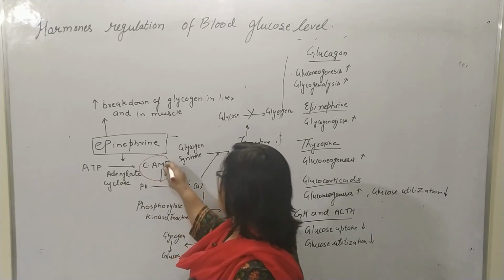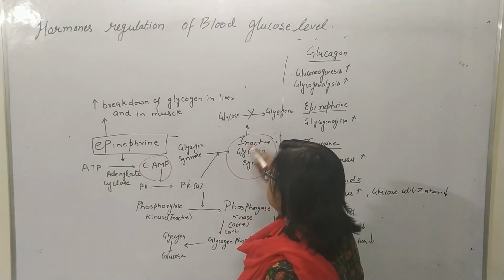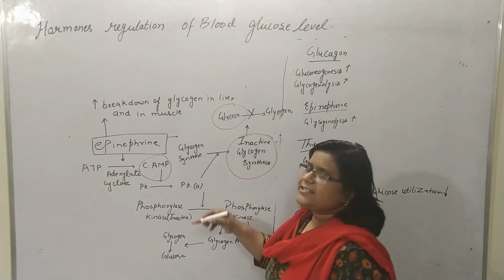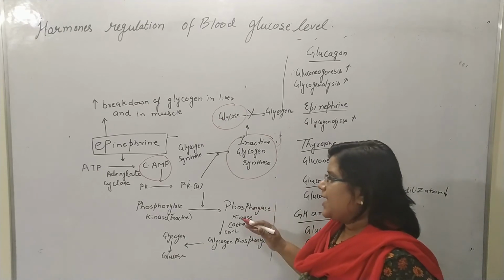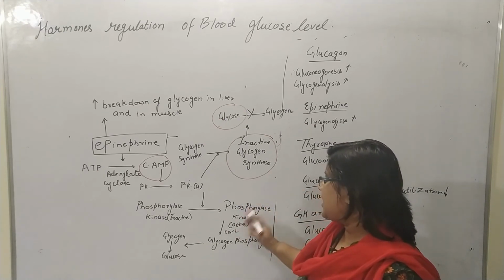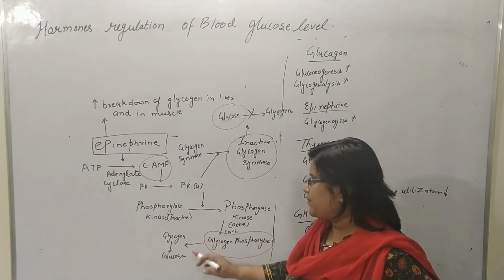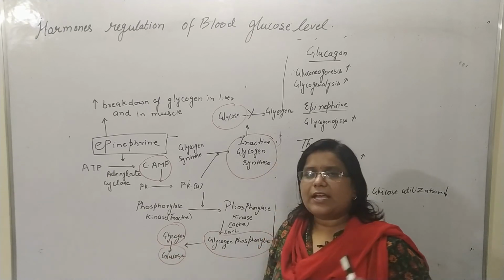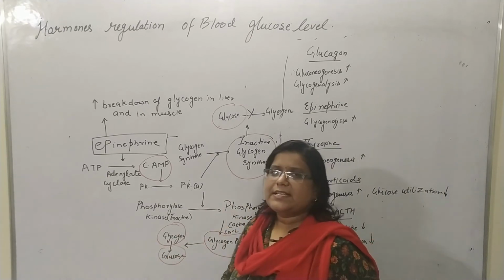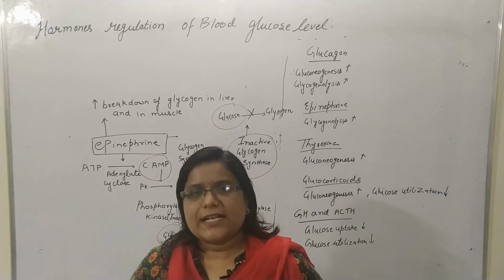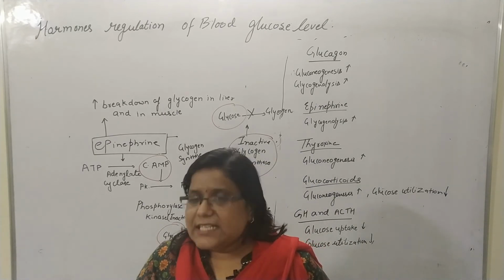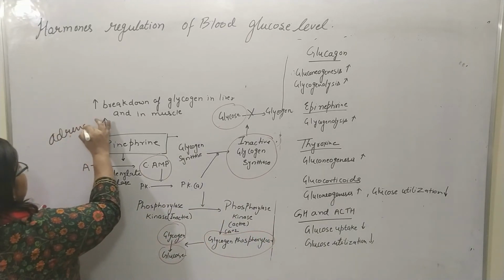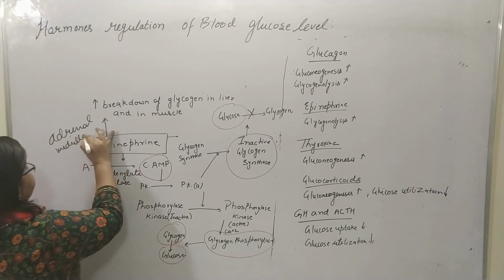By cyclic AMP, it deactivates the glycogen synthase, and by deactivation of the glycogen synthase it increases the glucose level in the blood. It also increases the glycogen phosphorylase enzyme, which initiates glycogenolysis. So epinephrine is the hyperglycemic hormone which increases the glucose level. It is secreted by the adrenal medulla, so don't get confused.